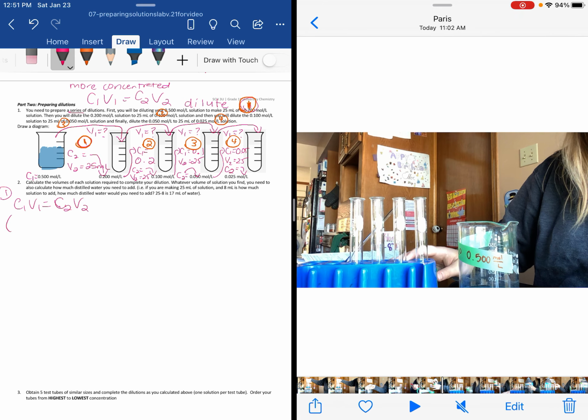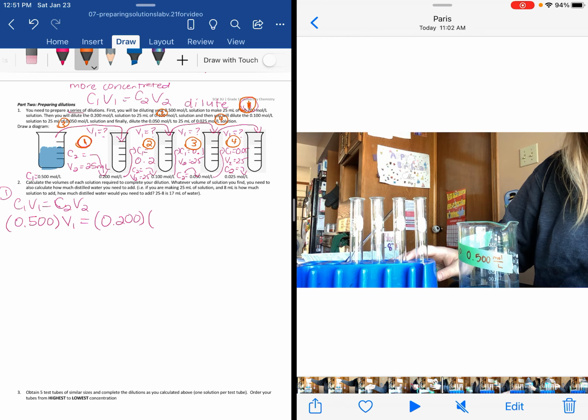The first concentrated solution we're starting with is the one we just made. We don't know how much of it to add. We know that we want to end up with 0.2, which is 25 milliliters. So every single V2 is 25.